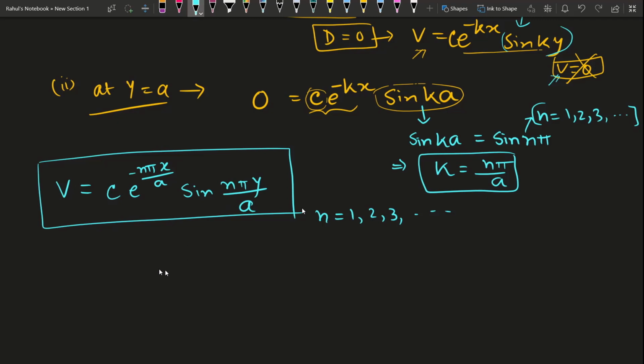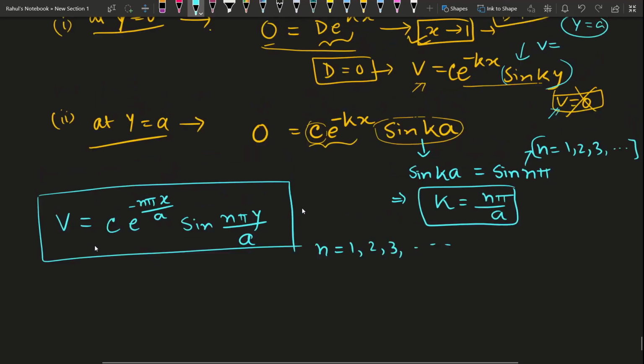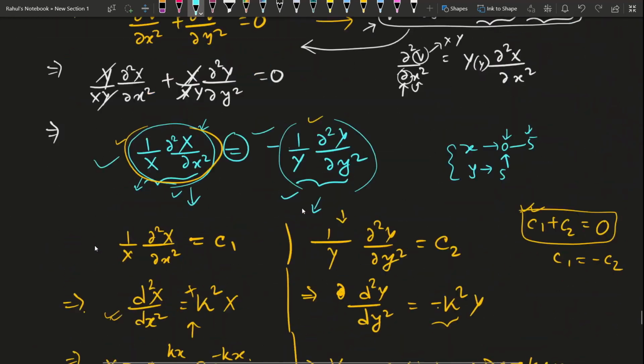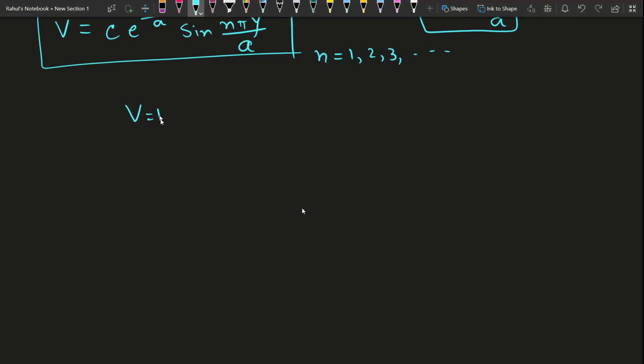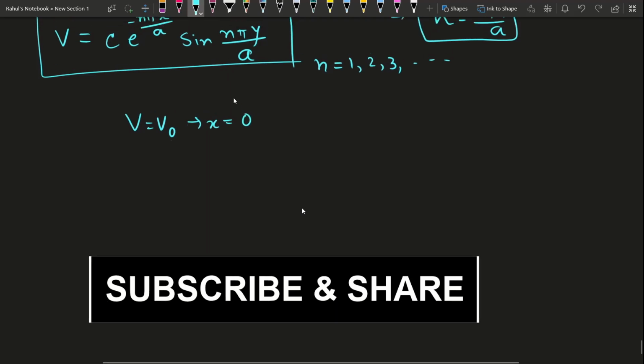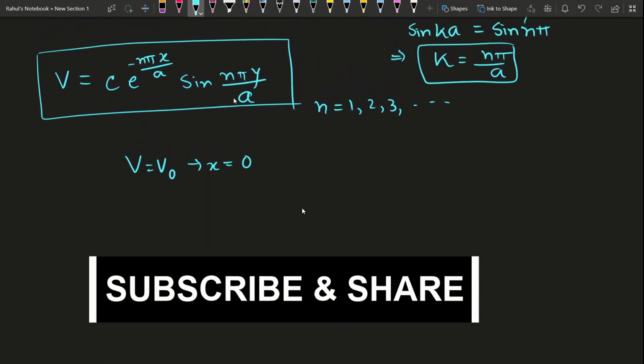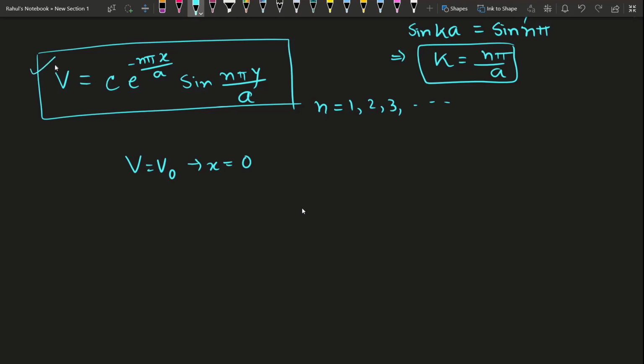Now you can see the third boundary condition, which was v equals to v naught. V should be equal to v naught at x equal to 0. Is this valid or not? All the three others are satisfying this equation, right?